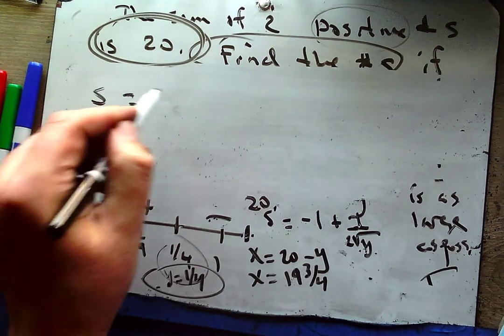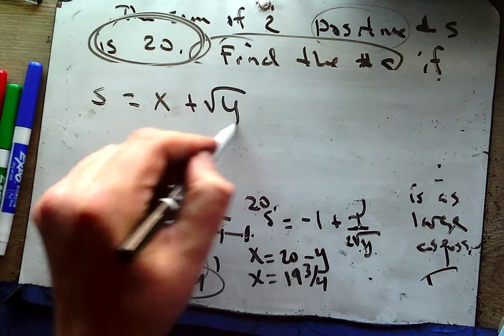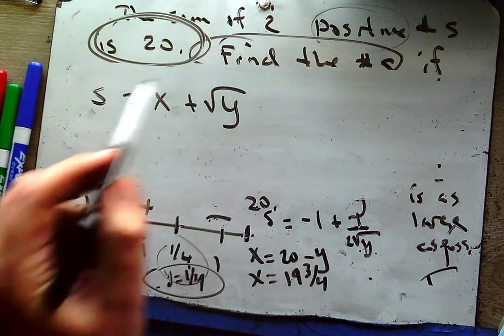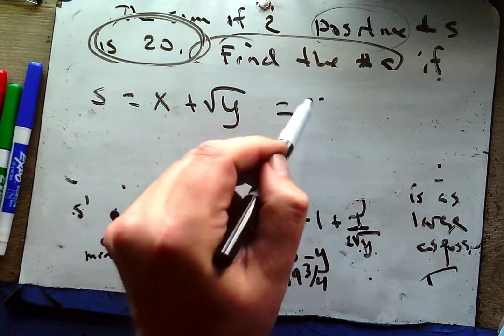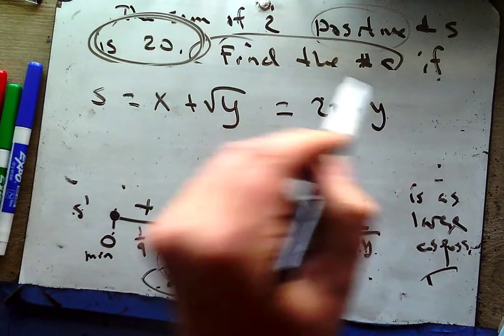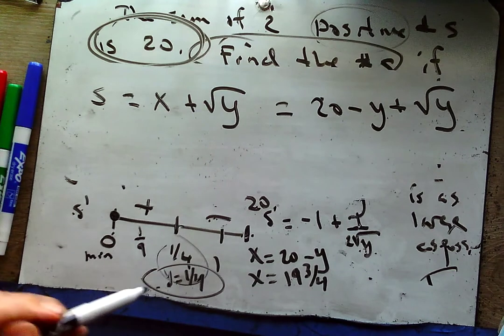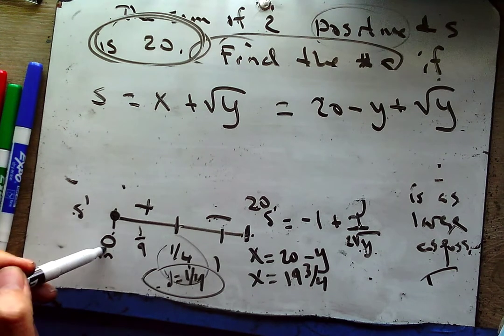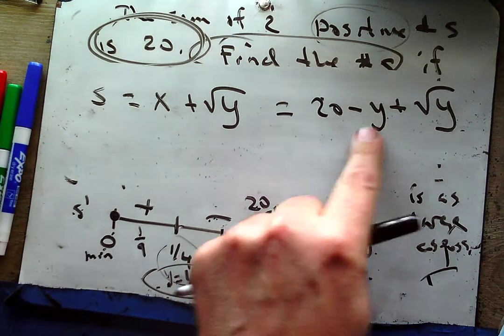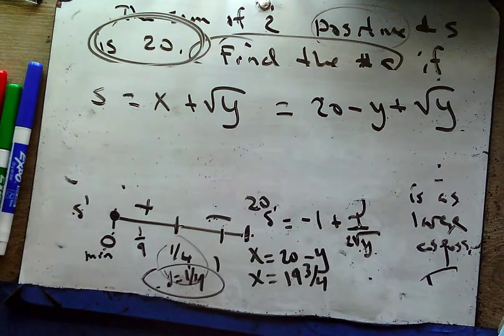Remember our sum formula that was x plus square root of y? And then we rewrote it so that we had 20 minus y plus the square root of y. Okay, so let's plug in a 0 for y. If I plug in a 0 for y, I get 20.